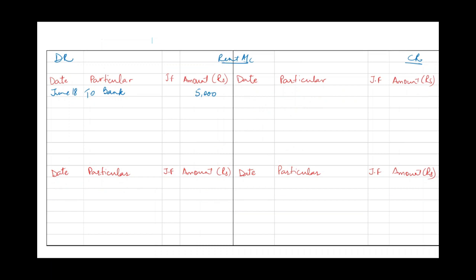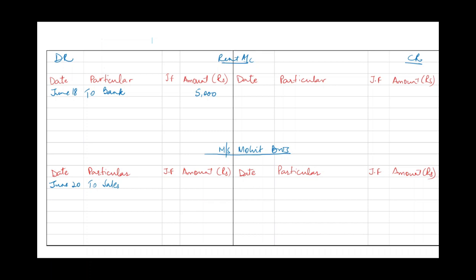One is Mrs. Mohit brothers, and the other one I will open is sales account. Alright, so what has happened here? I have sold to Mrs. Mohit. The date is June 20th, and here I'll say to sales, because if I had not sold on credit, it would have been cash or bank, so cash or bank account debit.